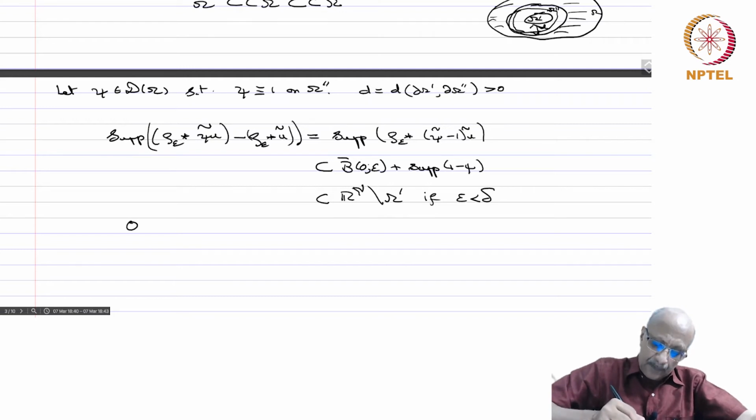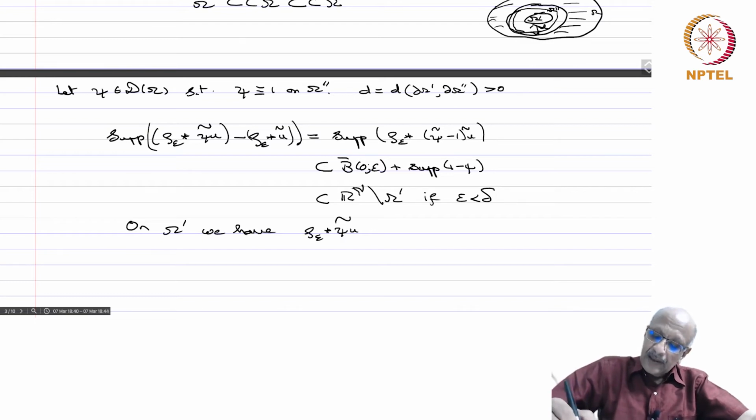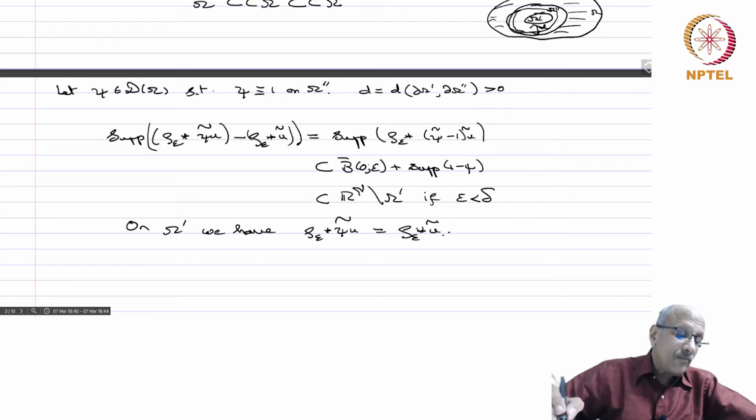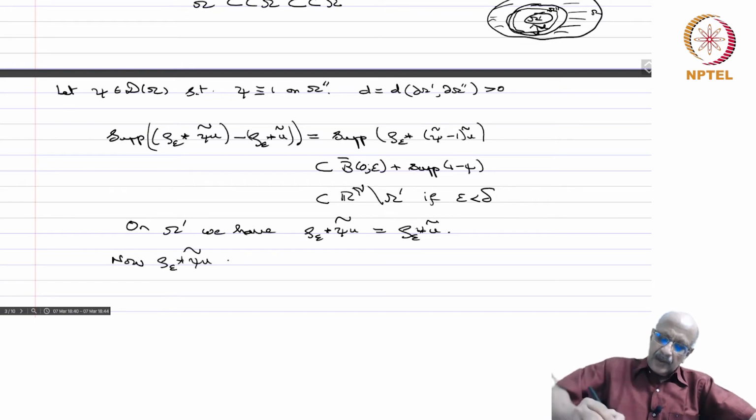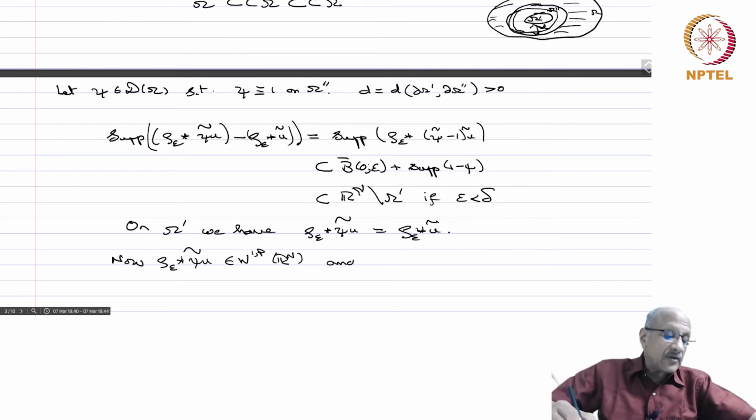So on omega prime, rho epsilon star psi u tilde is the same as rho epsilon star u tilde. Now rho epsilon star psi u tilde belongs to W1p of Rn, and what about its derivatives?